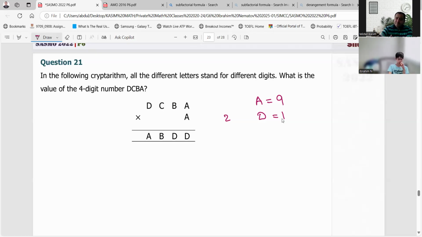It's not ABCD, it's ABDD. So BDCBA times A is equal to ABDD.